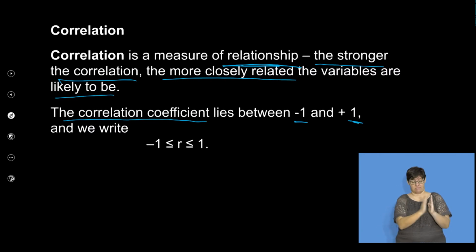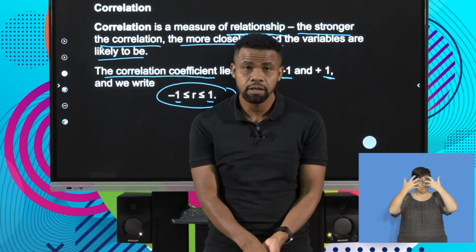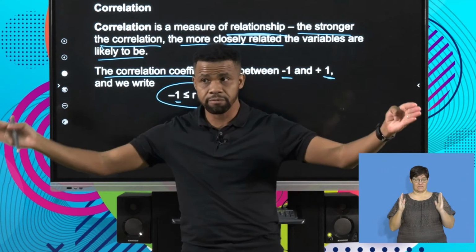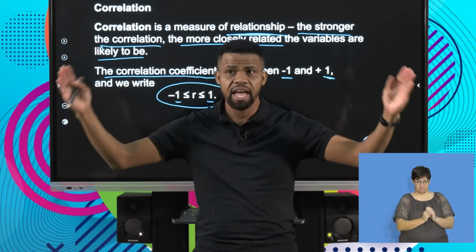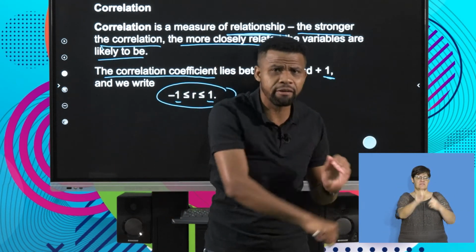This can also be written like this. So this implies the correlation coefficient is between -1 and 1. What does this mean? We can quantify, we can measure correlation. Correlation is from -1 to +1. If correlation is 1, we say perfect correlation.